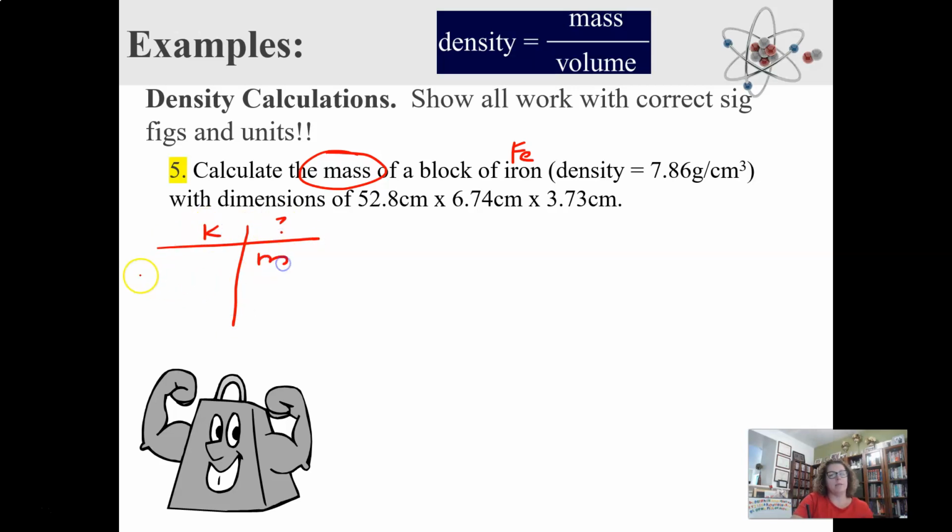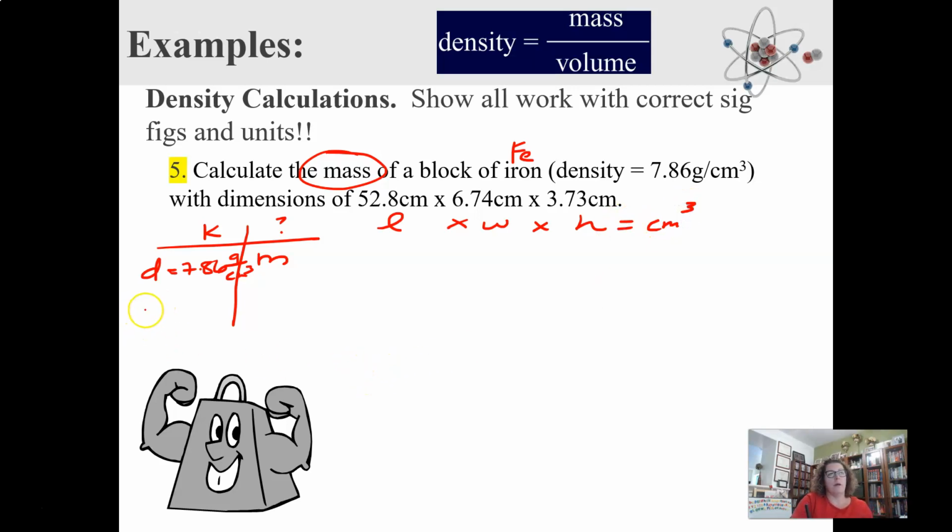I'm solving for mass, and I have density, 7.86 grams per centimeters cubed, and I have volume. Well, you don't have volume, but you got the dimensions to calculate volume. And when you take length times width times height, then I can get my centimeters cubed.